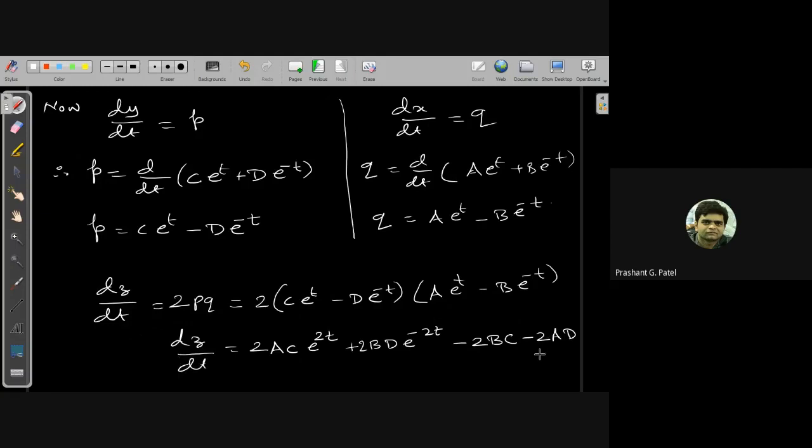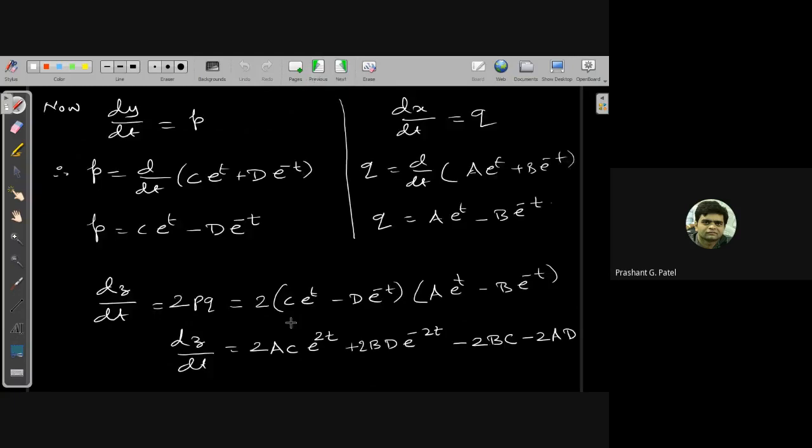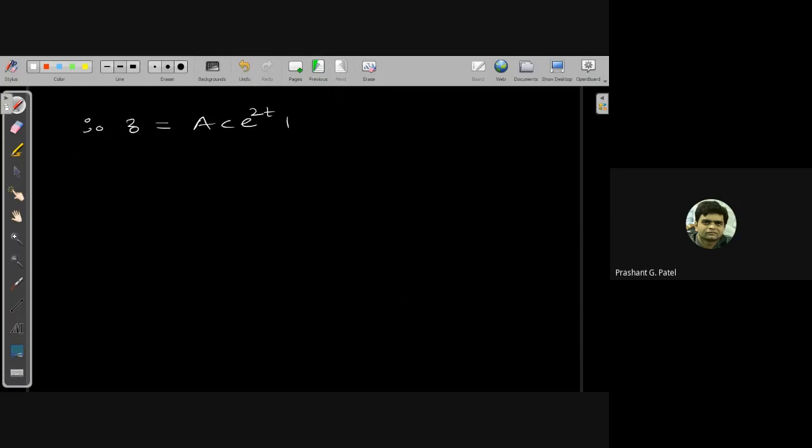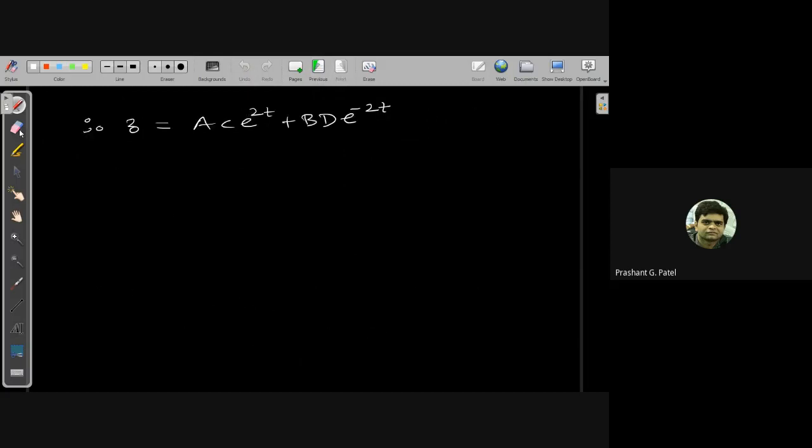From this, if I want to calculate the value of z, then I should integrate both sides. So if you integrate this, you will have z equal to ac e^(2t), because the integration of e^(2t) is e^(2t)/2, and the 2 gets cancelled, plus bd e^(-2t). This bd comes with a minus sign, because the integration of e^(-2t) has minus 2 in the denominator.